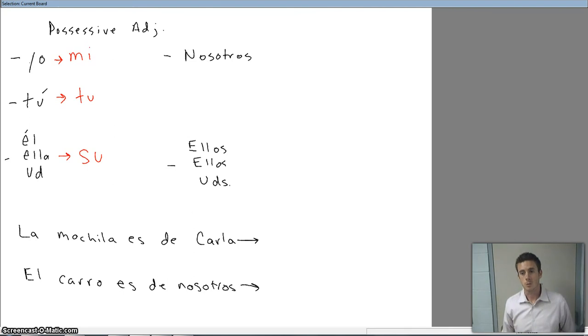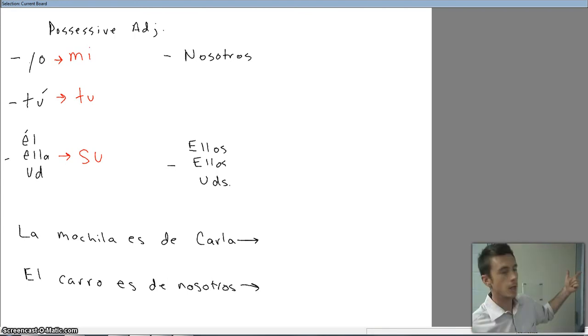So if you were talking to the president, or your boss, your superior, your mom, your dad, someone you're trying to be formal or polite with, and you wanted to say this marker belongs to them, es su marcador. You're using it to say it's your marker. You have to remember the difference between using it with él or ella or usted.